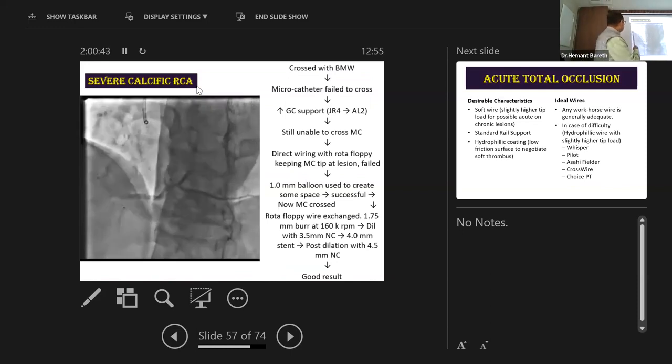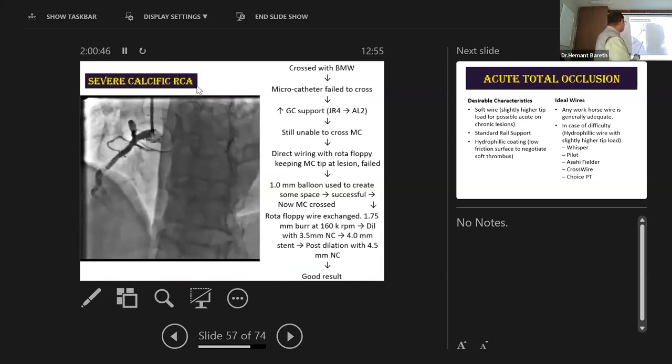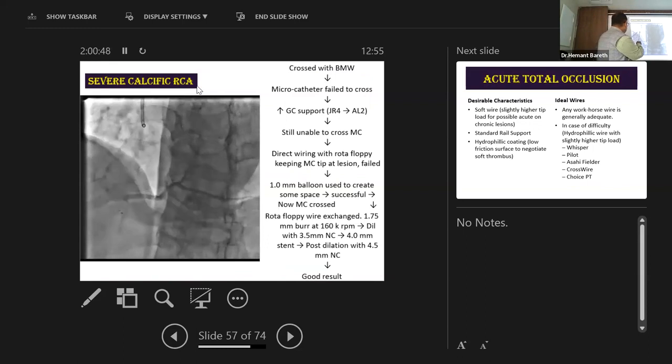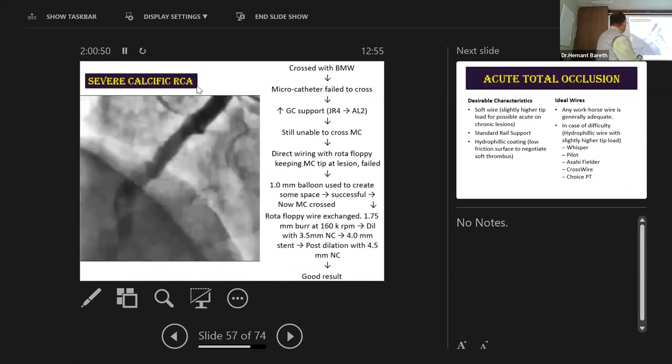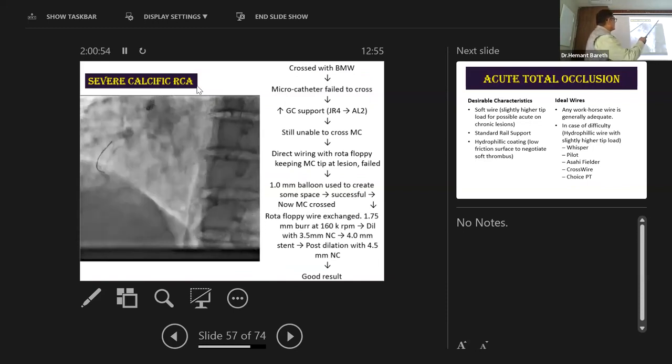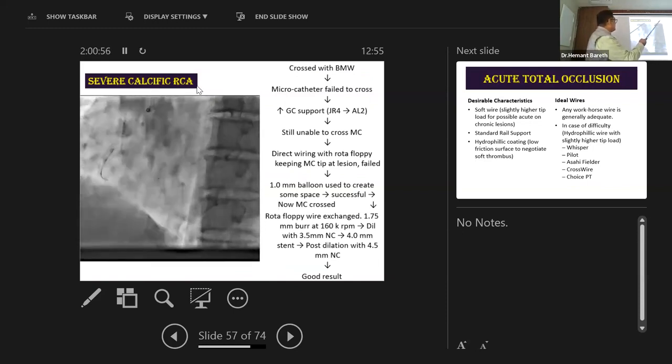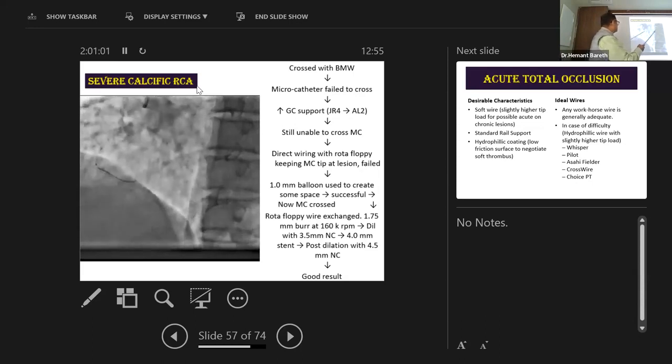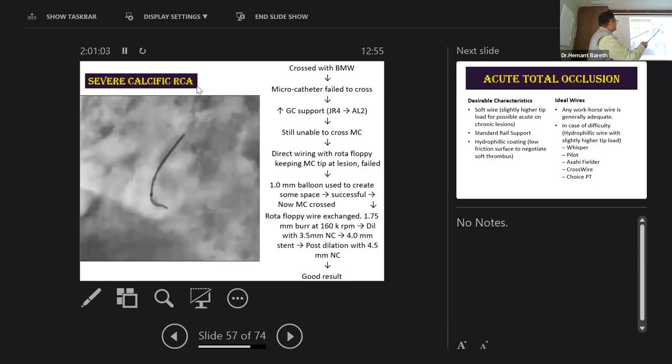So here is a case, severe calcific lesion, RCA, you can see practically the whole RCA is calcified. So it was crossed with BMW first, unable to cross. So a microcatheter was used here, the microcatheter got stuck, unable to cross.